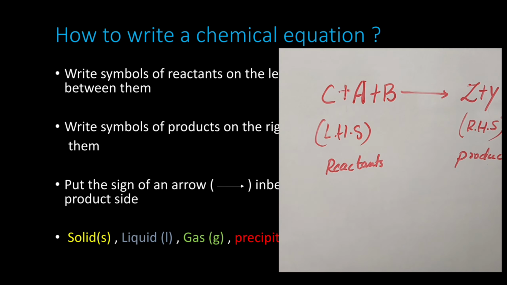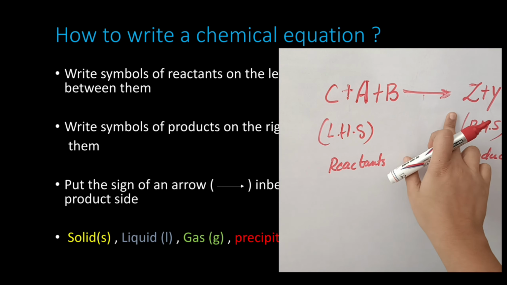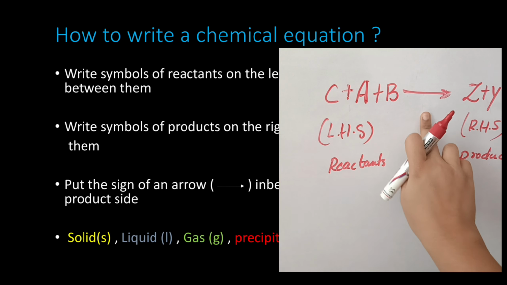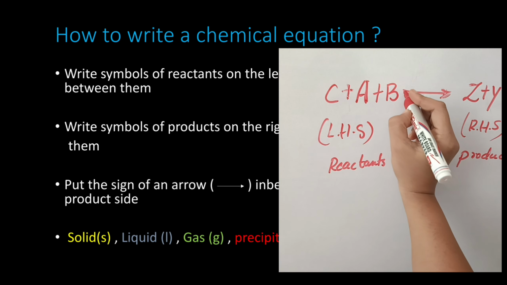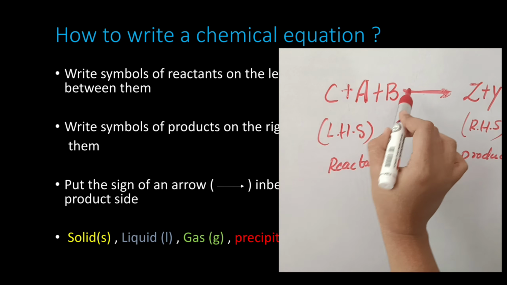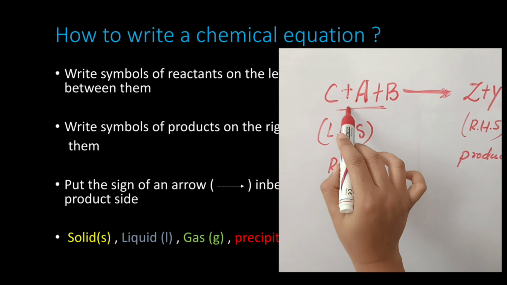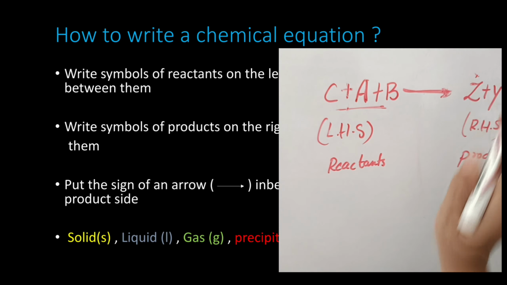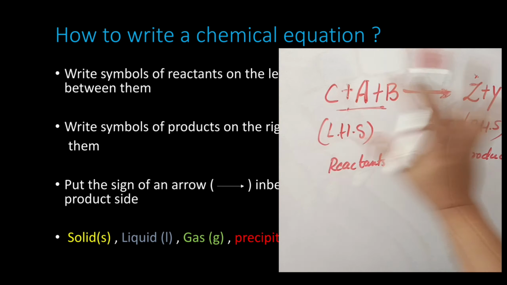What does this arrow mark indicate? This arrow mark is always pointing towards the product, and it also gives the direction in which the reaction is taking place. When the arrow mark starts from here and points towards this, you realize that the reaction has started from here, the direction, right? Starting from here and ending as product here. So it shows the direction in which the reaction has taken place. It gives that information.